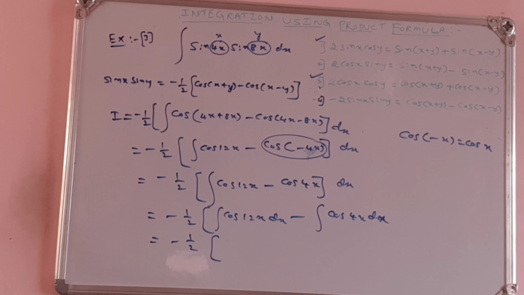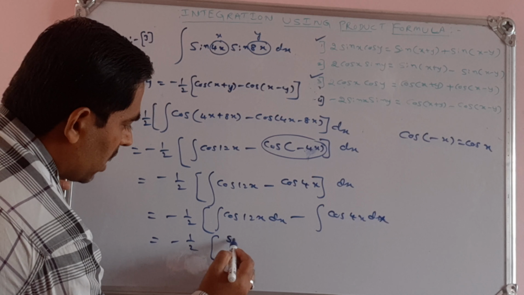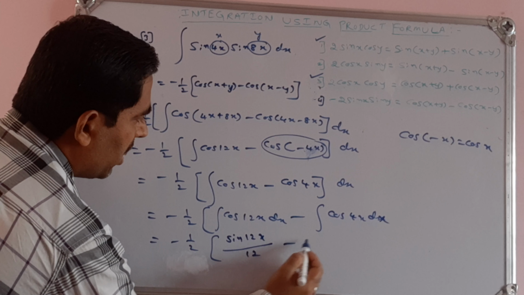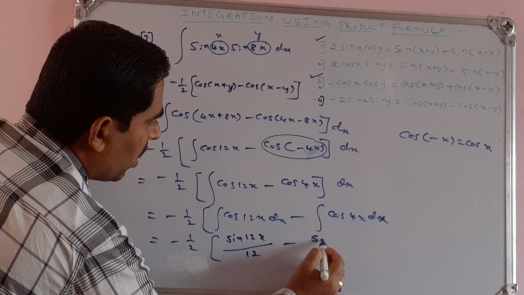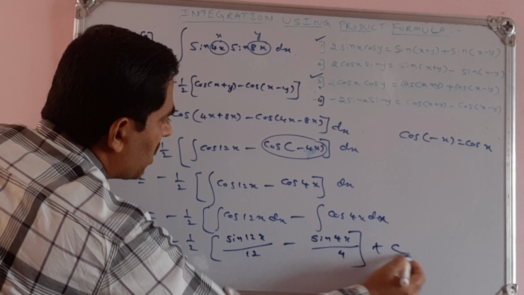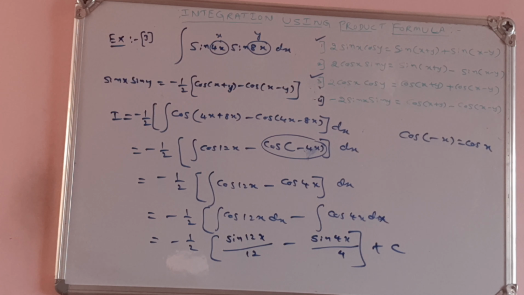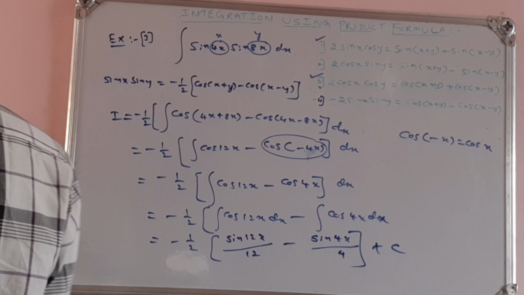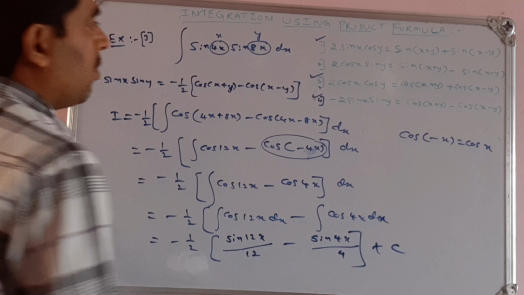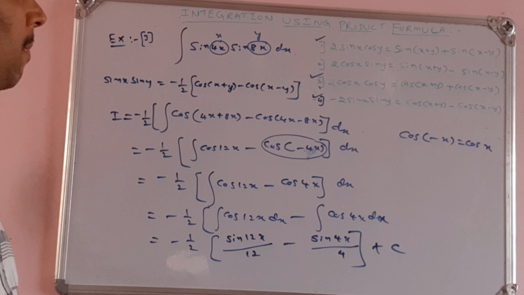Integration of cos x is sin x, so that is sin 12x divided by the coefficient of x in the denominator, and integration of cos 4x is sin 4x divided by the coefficient of x in the denominator, plus the constant of integration. So this is the required integral. So in this way we can use the fourth result. So these are the product formulas.